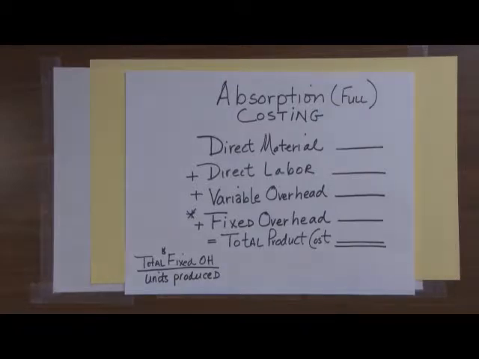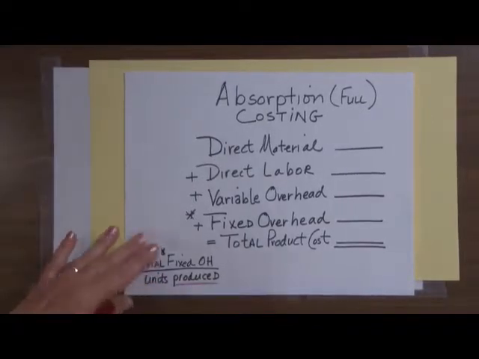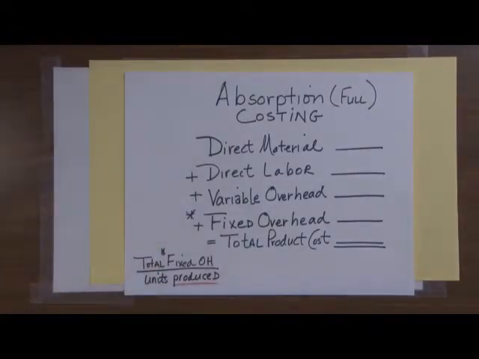And then when it comes to the fixed overhead, you will notice we are going to take total fixed overhead for the period divided by units produced, and it's very important that you recognize we're going to use the units produced, and we can find also a fixed overhead per unit. So all of this would be added to give us total product cost for 1 unit of product.